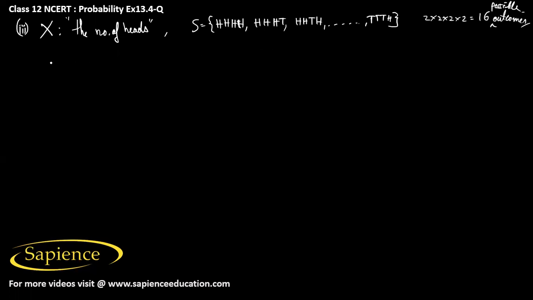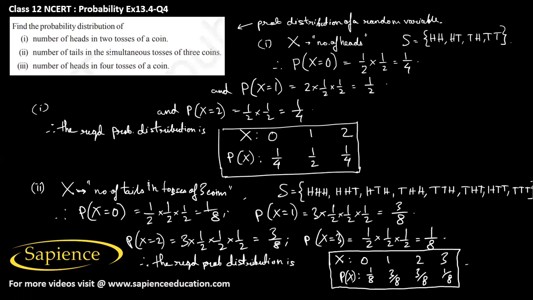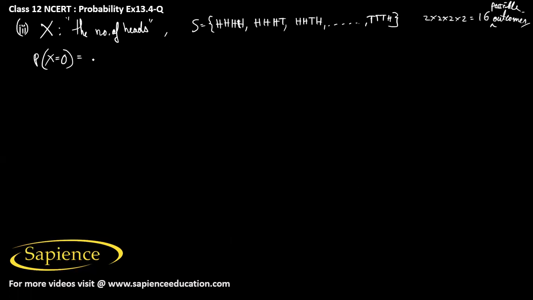So P of x equal to 0 means there are no heads in the 4 tosses of a coin. So all 4 should be tails. This would be 1 by 2 into 1 by 2 into 1 by 2 into 1 by 2, that would be 1 by 16.